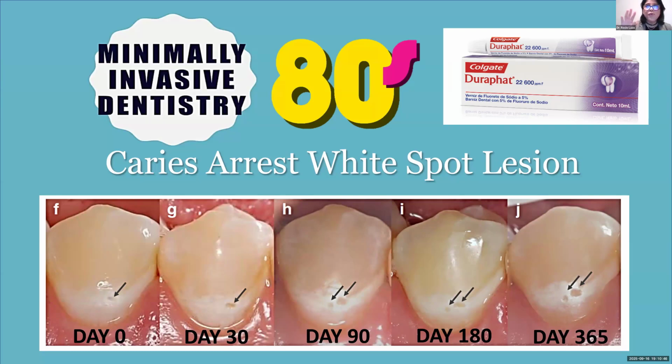Because you are only arresting the caries lesion, only stopping its progression. In the 80s, arrest was the only kind of treatment for minimal invasive dentistry. Never thinking of regeneration, because the materials of the 80s were not prepared for regeneration, only for arresting caries lesions.